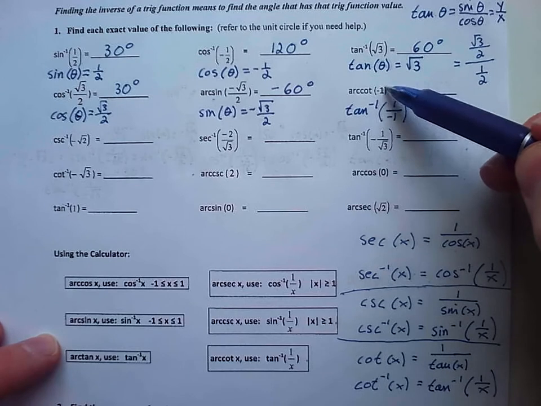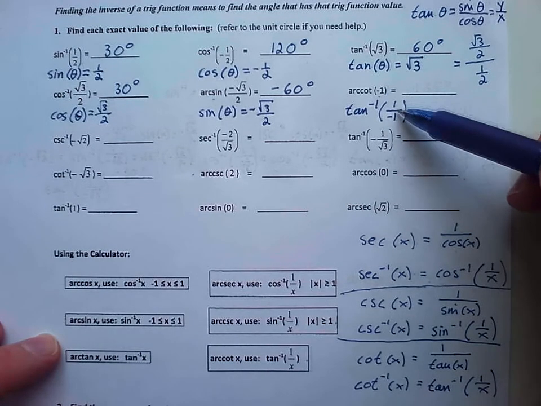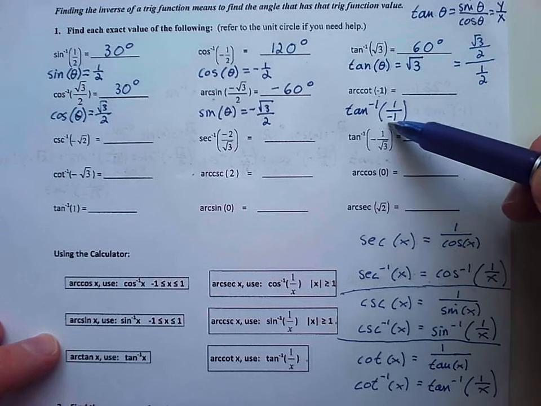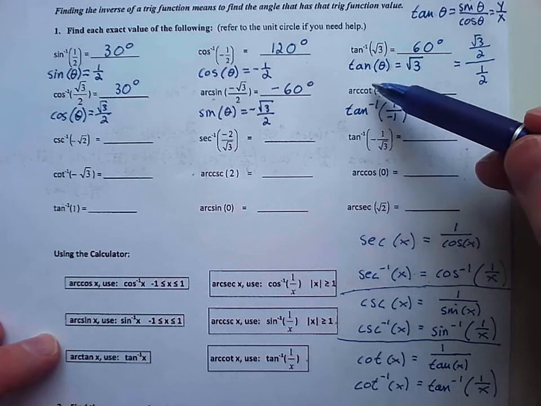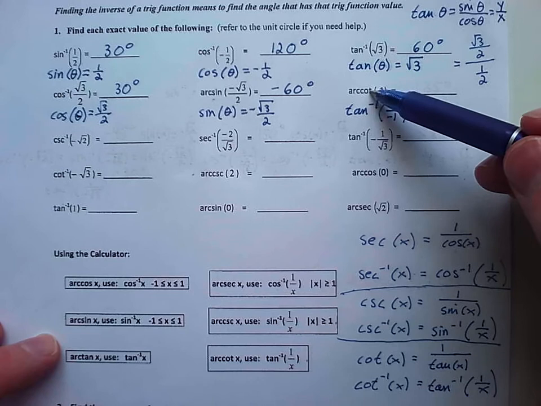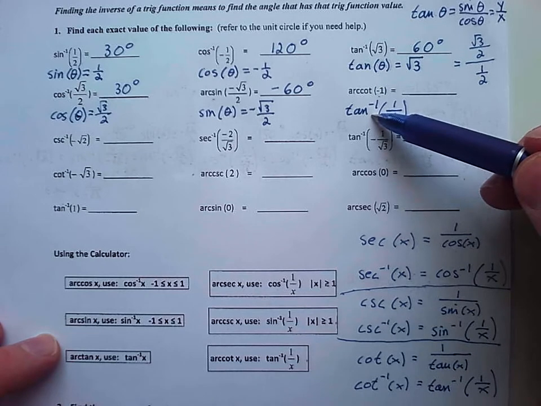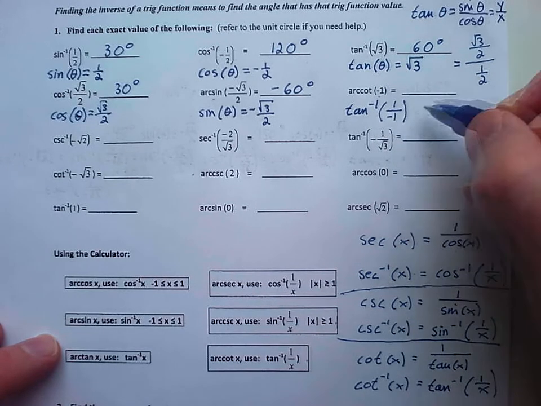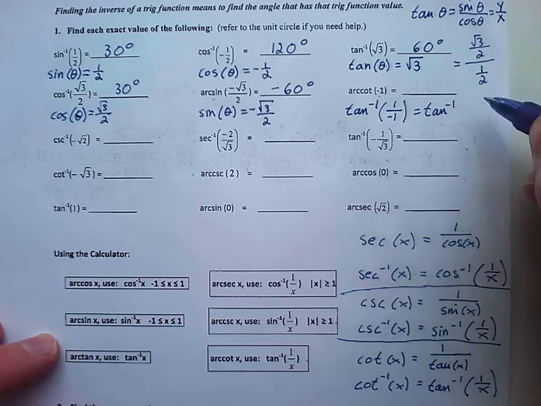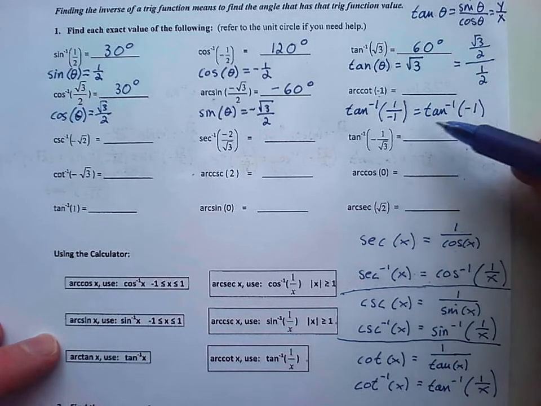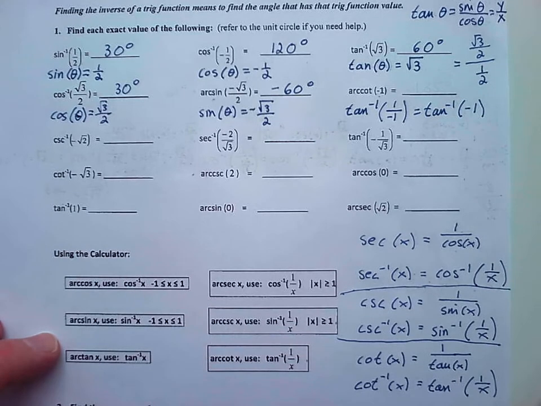Since we're plugging in -1 in here, what we want to plug in here is 1 over -1. We want to plug in the reciprocal right here. And that's going from the arccotangent to the arctangent. So this right here now is obviously just the same thing as the arctangent of -1. If you take 1 divided by -1, that's still just equal to -1.